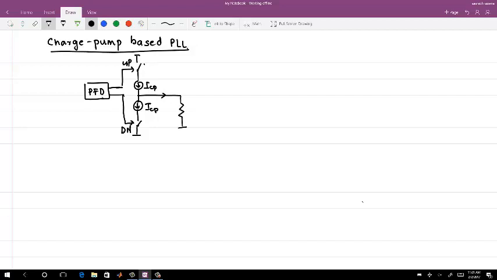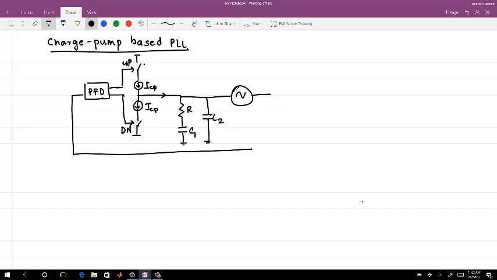And yesterday we saw why we use this kind of loop filter, R and C1, plus another capacitor which is used for ripple suppression for now. And then we had a VCO. Okay, so this was the block diagram we had yesterday.